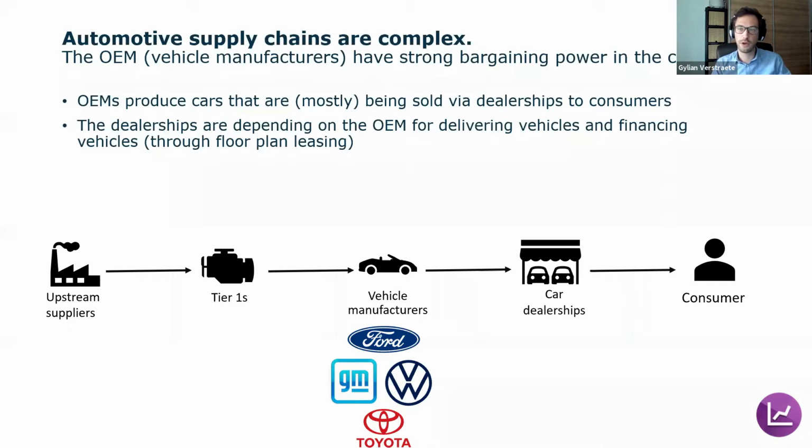And if you're in a supply constrained time period, such as we are in today, it's not a given that all vehicles that you order will be delivered to you. So in that sense, you're dependent on the OEM to deliver you the vehicles. But typically they are also dependent on the OEM for their financing through floor plan leasing.